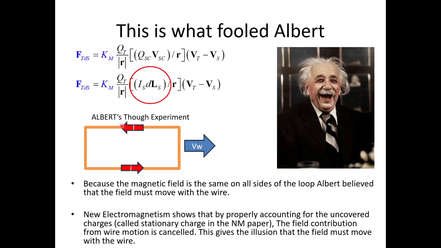And that's why the field intensity on the left side of the wire and the field intensity on the right side of the wire, as the wire is moving, is unaffected. And that's why Albert came up with the idea, the only way to explain why a wire gets the same field on both sides is because the field moves with the wire, which again violates a lot of the laws of physics, but it gets the right answers. Okay?